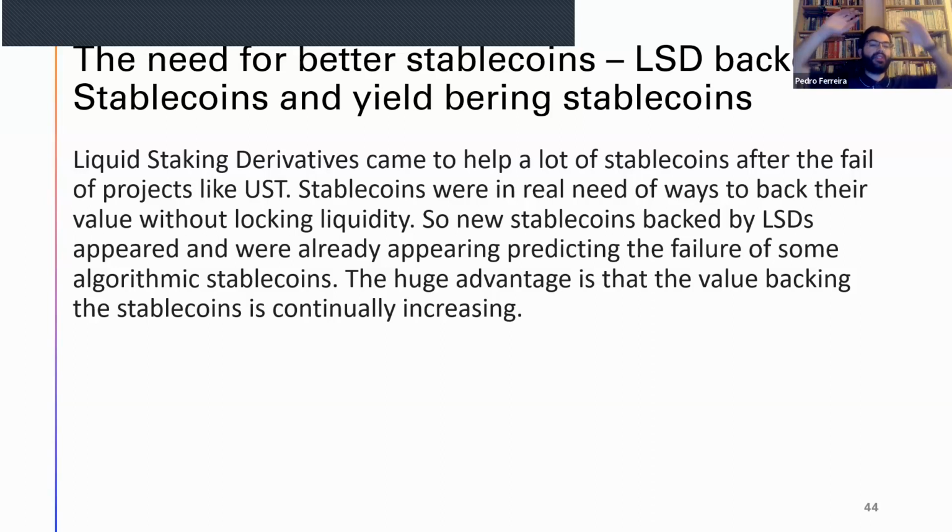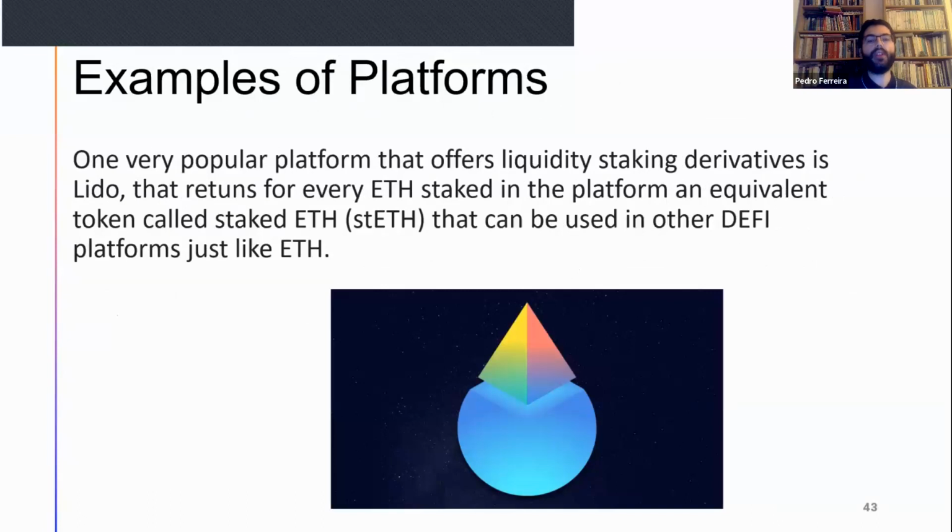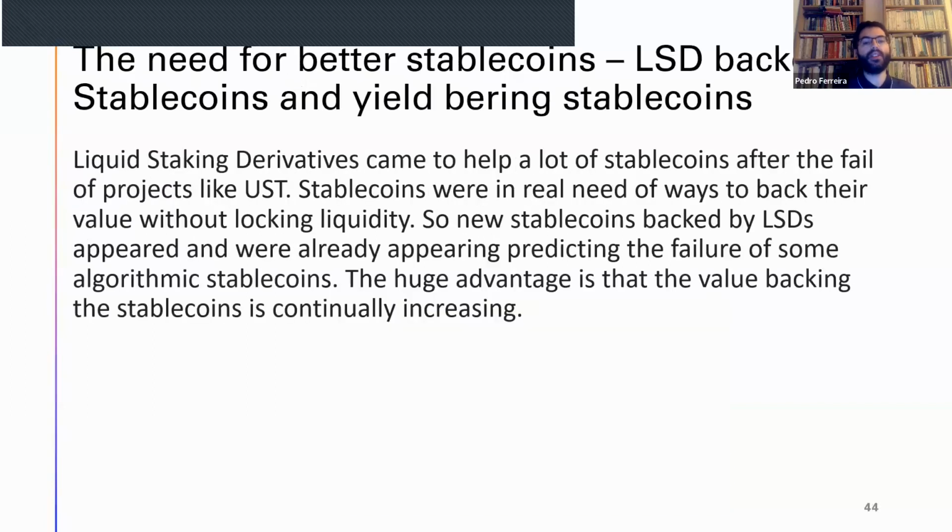These liquid staking derivatives, as you saw, are basically representatives of the value that is deposited in the network.